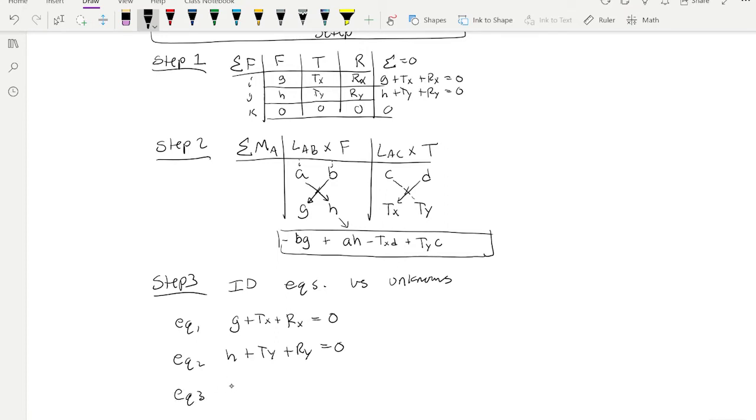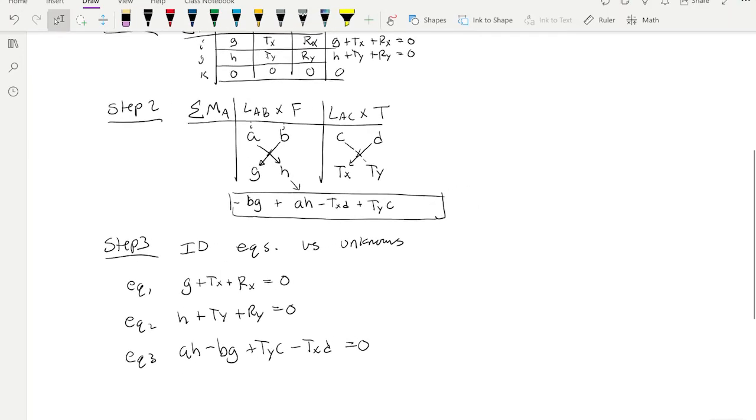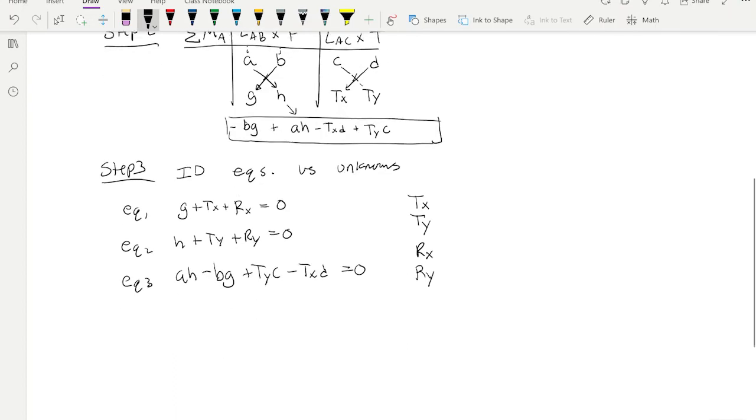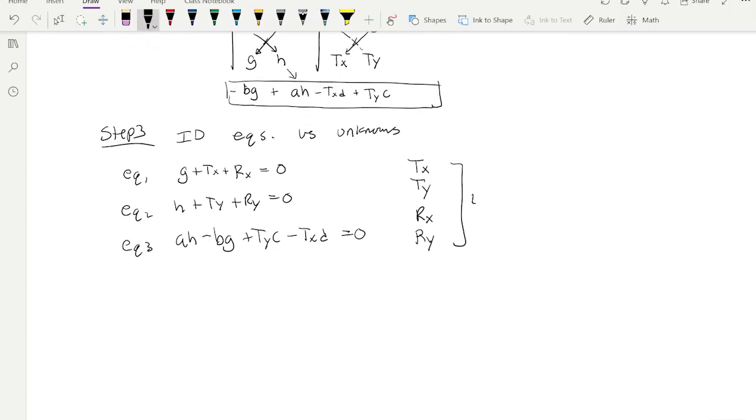Equation 3, AH minus BG plus TYC minus TXD equals 0. So how many unknowns do we have? We have TX, TY, RX, RY. Those are our unknowns. We have 4 of them versus 3 equations, so we need one relationship to finish out the system.